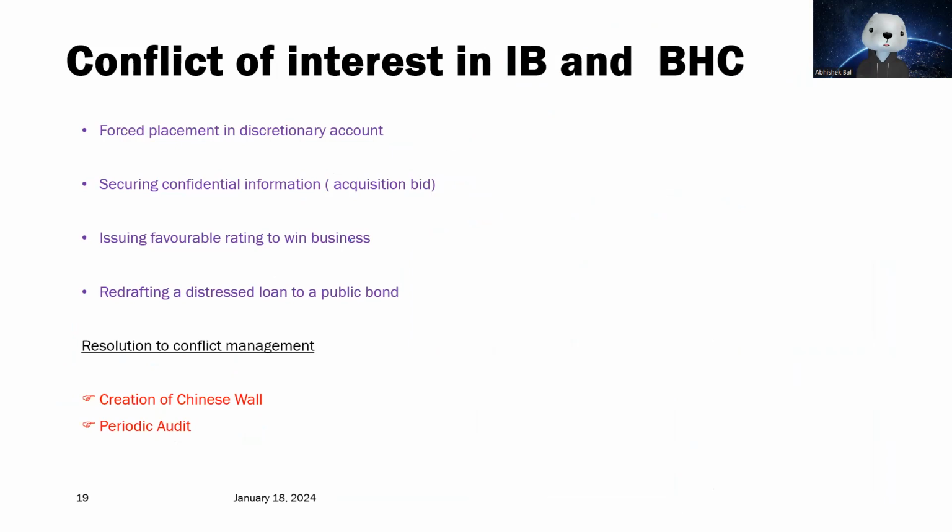Okay, so moving on to the next aspect of the investment bank and the bank holding company, there are a few things that we need to keep in mind as far as the conflict of interest is concerned. Remember that a bank holding company is the one that actually operates the commercial bank company as well as the investment bank, right?